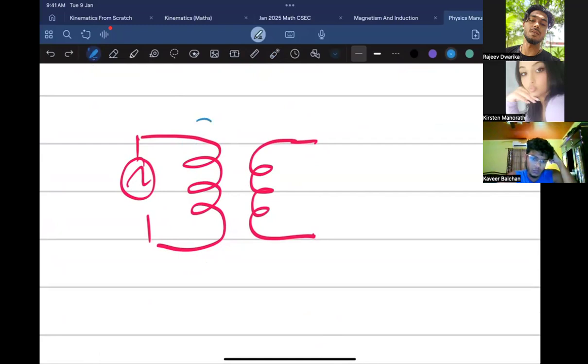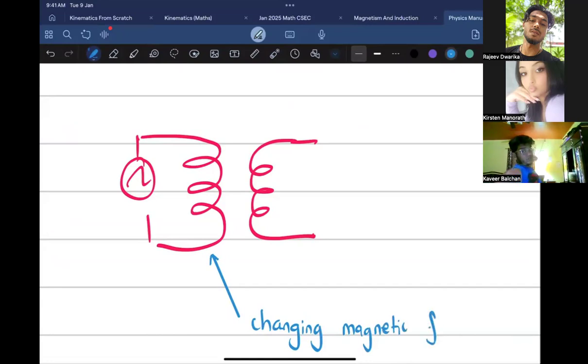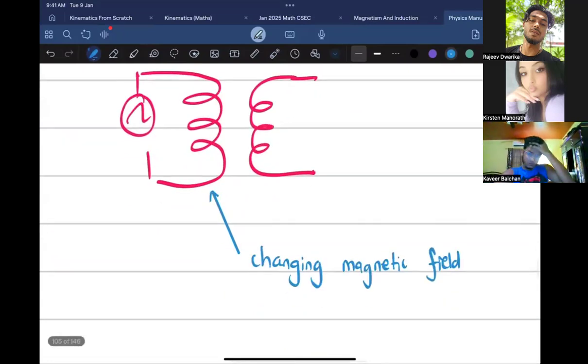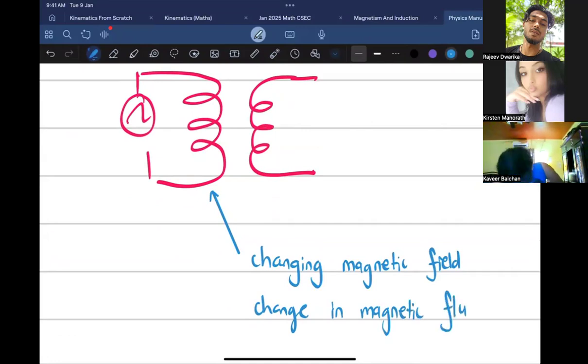So I have a solenoid, or a change in magnetic flux. I have a change in magnetic field, you can say that. You could say it's a change in magnetic flux. All of those things you could say, right?